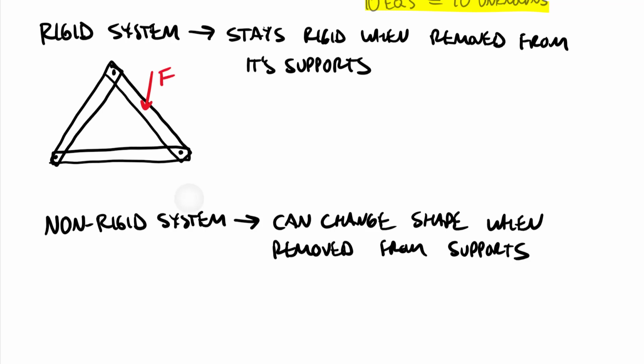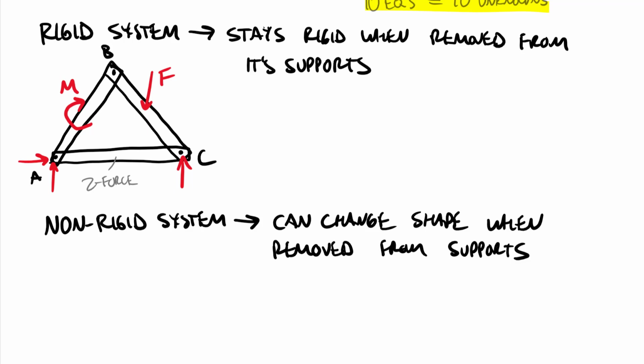Let's say that we have a couple applied here. Now let's go with a pin here on the lower left and a roller on the lower right. So we'll call this A, B, C. Now, noting that AC does turn out to be a 2-force member, and then AB and BC are both multi-force members. Okay, so you can have a mix of these 2-force and multi-force members.